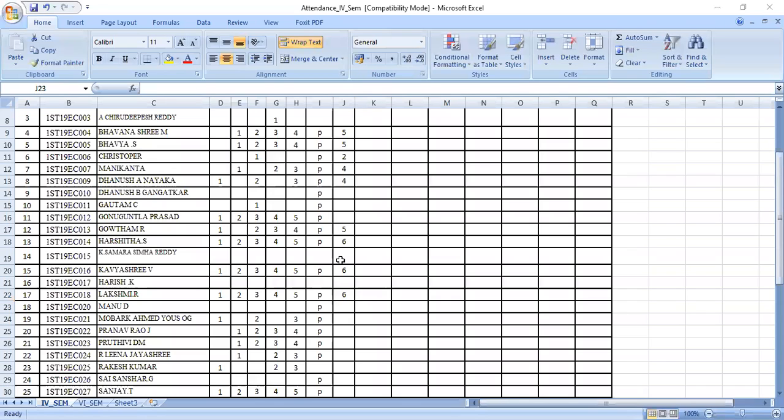Lakshmi. Okay. Manu is absent. Mubarak. Present, madam. Okay. Pranav. Present, ma'am. Prithvi. Present, ma'am. Deena. Present, ma'am.